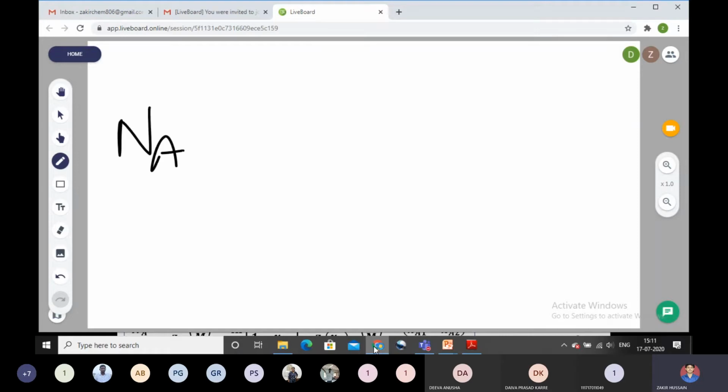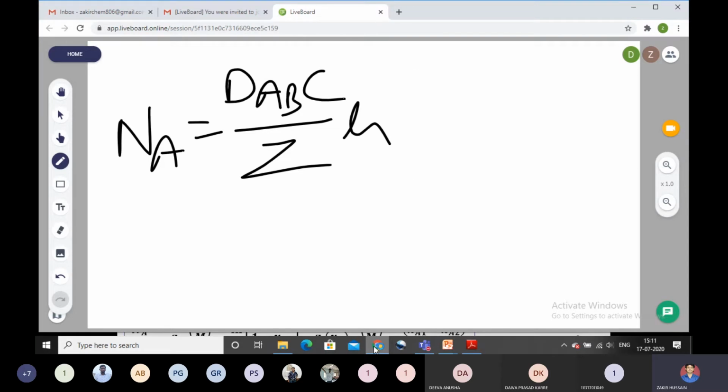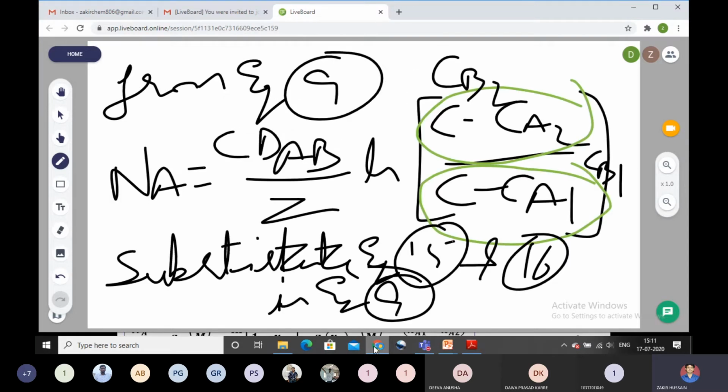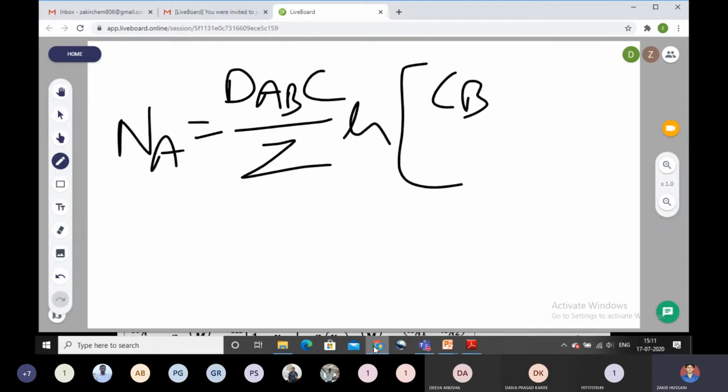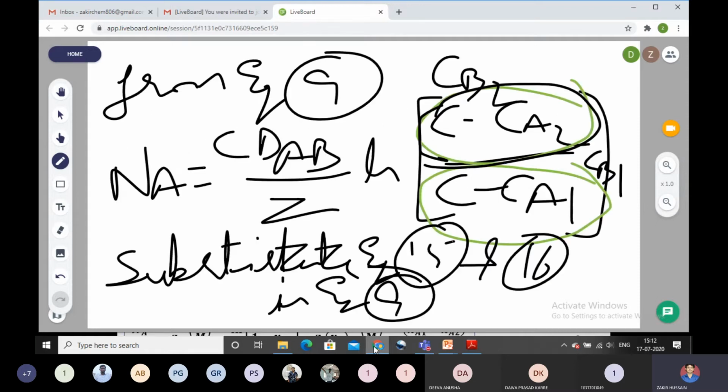NA is equal to DAB, C is already there, by Z ln of, in place of C minus CA2 we can substitute CB2, CB2 by CB1. Now we will give an equation number to this one.